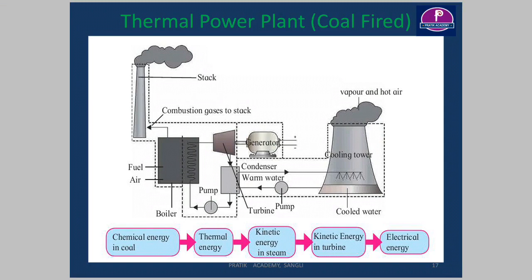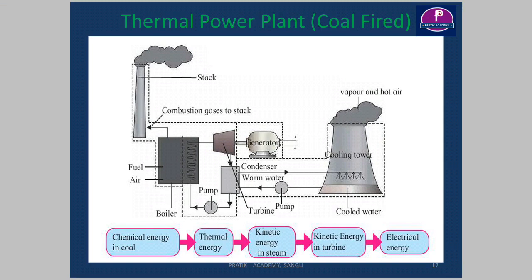And for generation of heat we are using coal as a fuel. So we are getting thermal energy from coal, and this thermal energy is used to generate electricity. This is the basic schematic diagram of a coal fired thermal power plant.